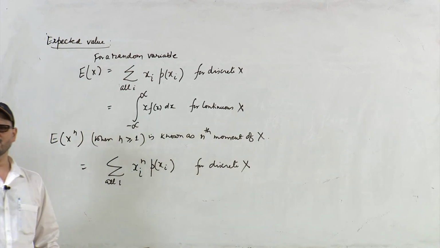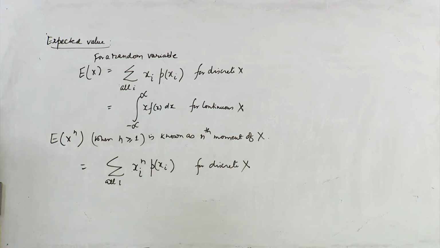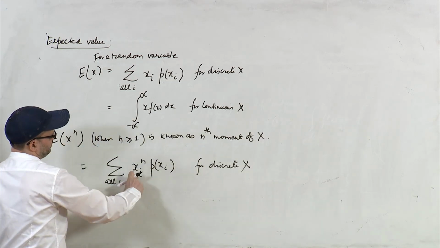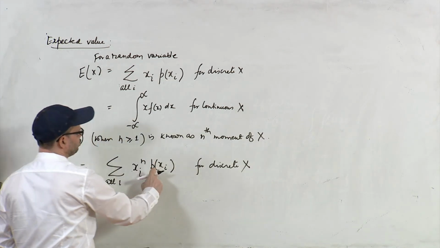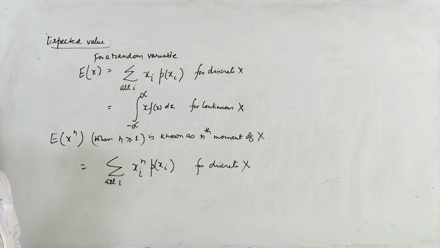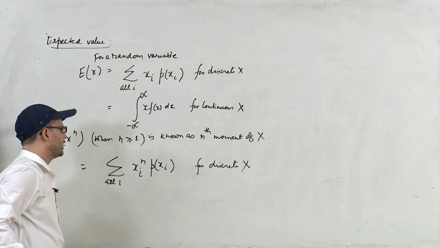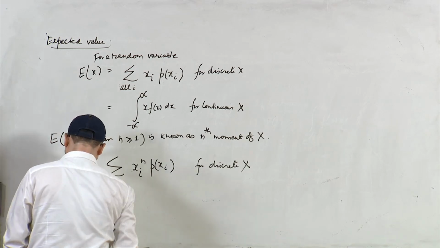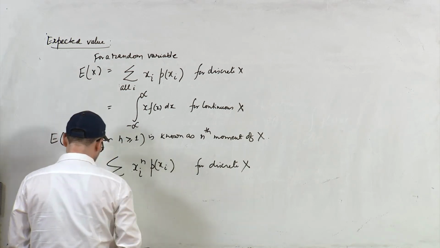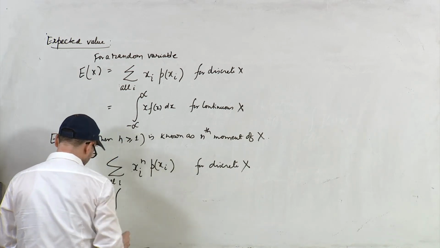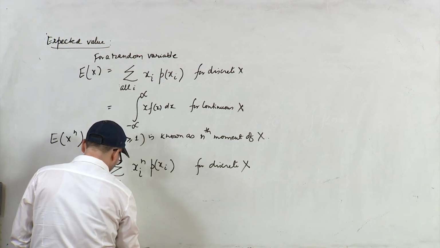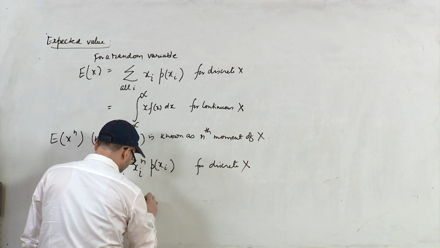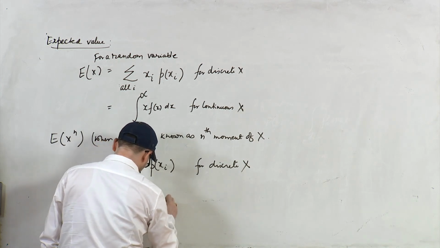So, when we try to find the second moment of x, in that case it will be x_i raised to power 2 into p(x_i), and if you find the summation, that will tell us E[x^2]. And for continuous x, it will be the integral from minus infinity to plus infinity of x^n f(x) dx.